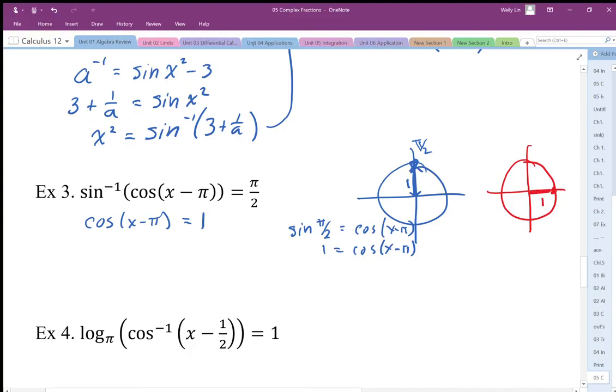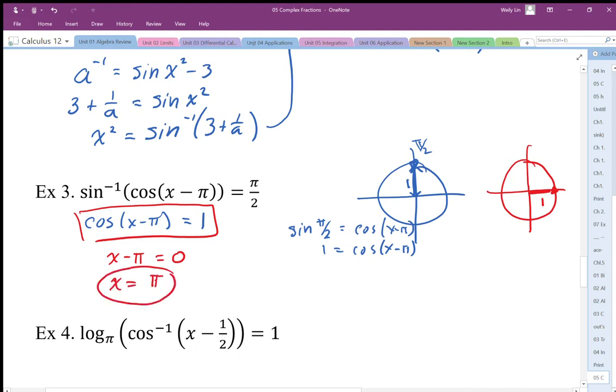Now this time, instead of finding the ratio, I'm finding the angle. This angle is equal to 0. So that means the angle x minus pi must be equal to 0, because that horizontal line is angle 0. Solving for x, my answer is x equals pi.